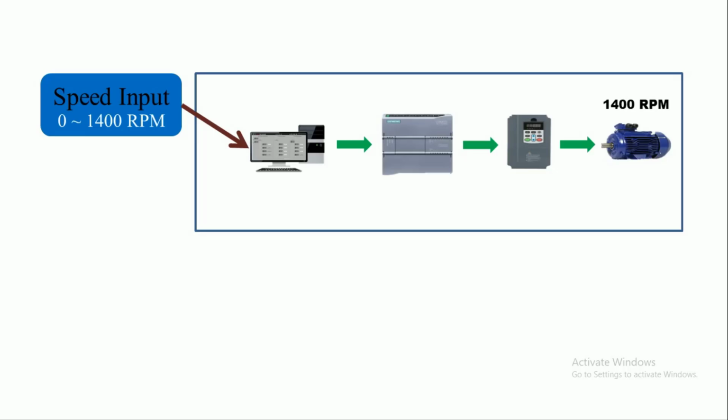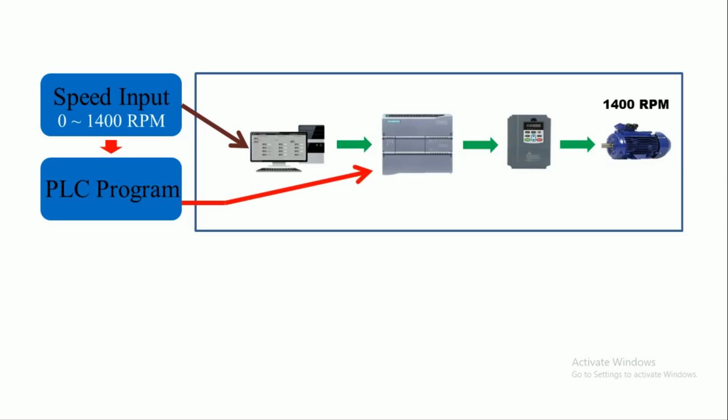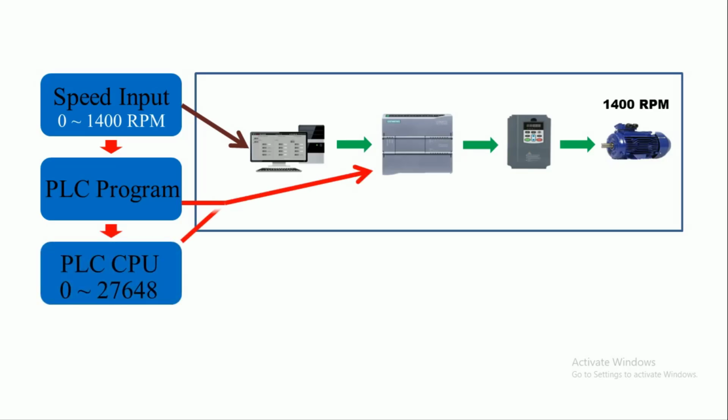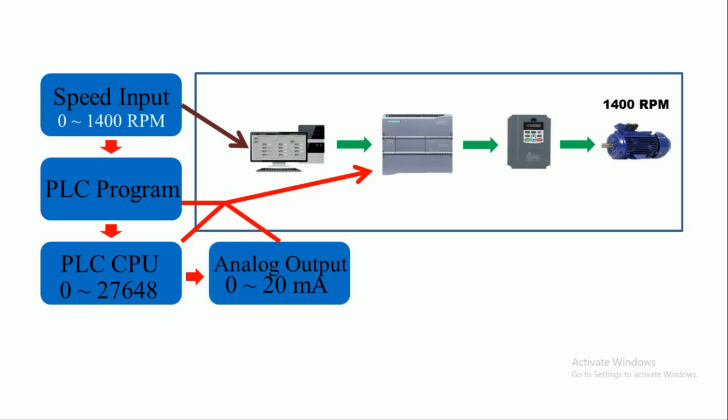Depending on this speed input value, the PLC processor generates an integer value in the range from 0 to 27648. The DA converter of the analog output module then converts this integer value to an analog output signal in the range from 0 to 20 milliamps, which is sent to the VFD analog input as a reference speed command signal.